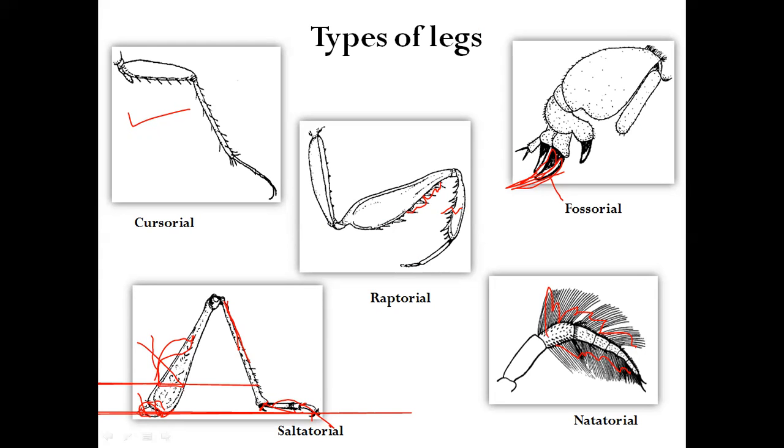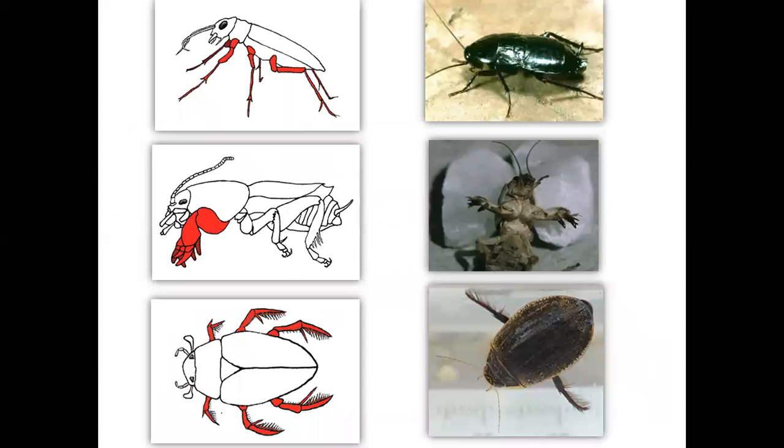The cursorial type is for running, as in cockroaches; the digging type is the mole cricket; the water bug and water beetle are the swimming type. These are the different insect legs and antennae.